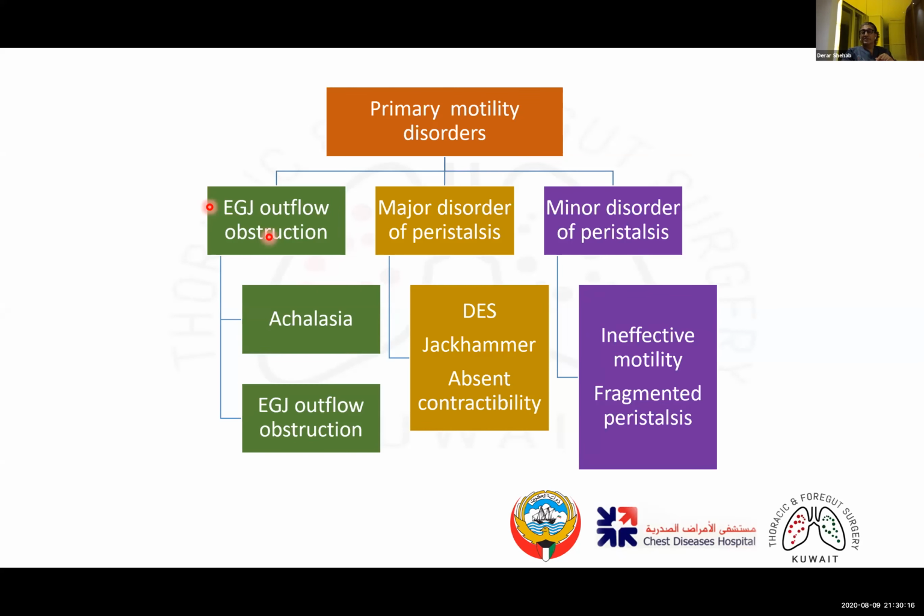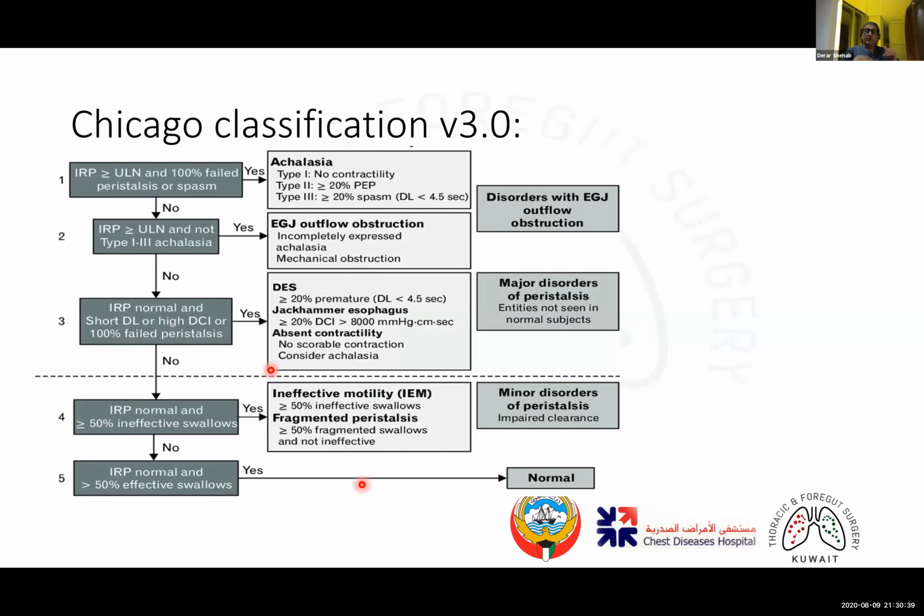The second is major disorders of peristalsis, for example distal esophageal spasm, jackhammer, or absent contractility. The last one is minor disorders of peristalsis, like ineffective motility and fragmented peristalsis. Those categories are based on the Chicago classification, third version.